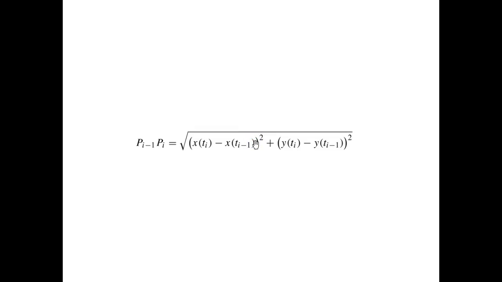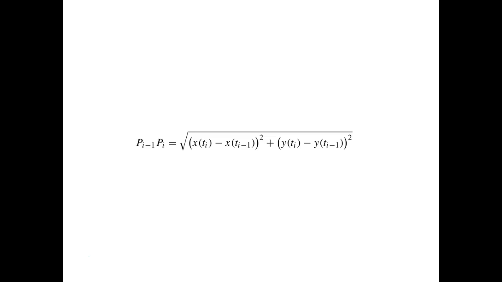So the segment between i minus 1 and i would be the square root of the difference in the x's squared plus the difference in the y's squared. Pythagorean theorem, okay? This is a change of x squared, change of y squared. That would be the length of the segment from i minus 1 to i.